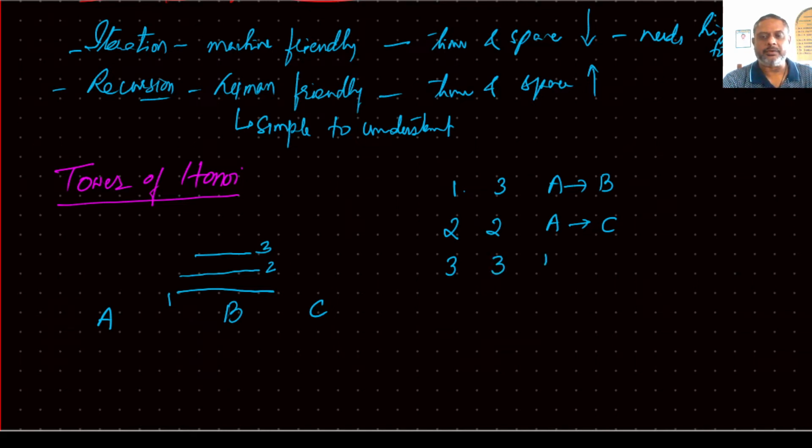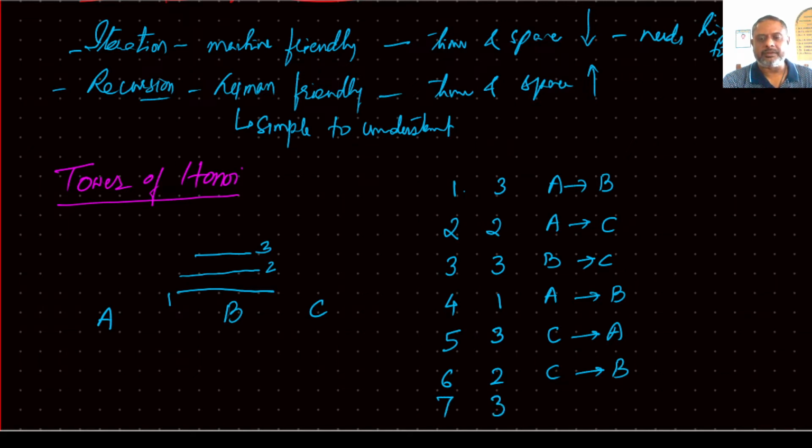Yeah, 3 shifted from B to C. Fourth step, 1 is shifted from A to B. Then fifth step, 2 is shifted from, no, not 2, it has to be 3, because in C 3 was above, so 3 should be shifted from C to A, and then 2 should be shifted from C to B, and finally 3 should be shifted from A to B. Done. So that's a way we can solve.